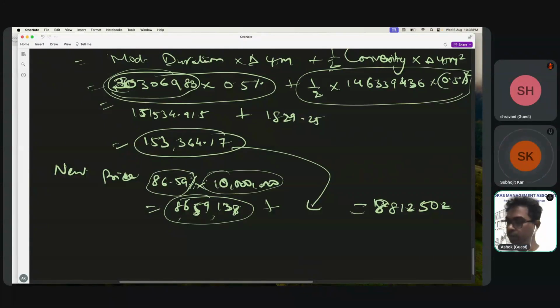It is not the number of bonds to directly multiply, it is the par value. The number of bonds is actually 1 lakh bonds. 1 lakh, okay.